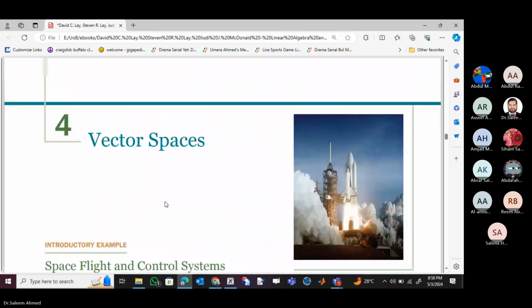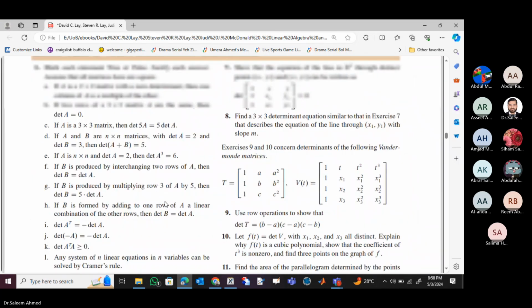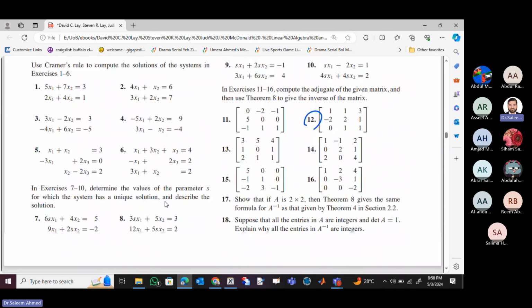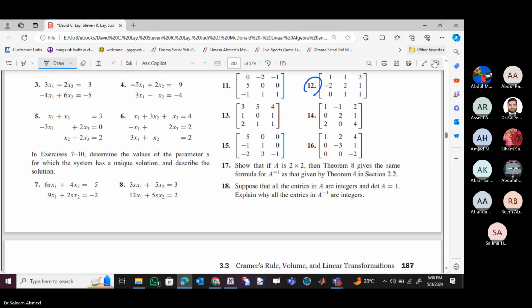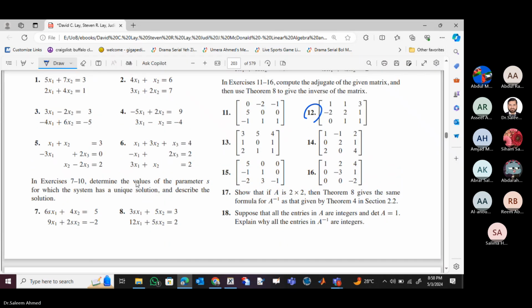So for example, where is 3? These are the Cramer's rule problems here. You see, 2 by 2, 3 by 3. So for these two here, I will only have A1, A2, right? Only A1, A2. First of all, you have to write the matrices.